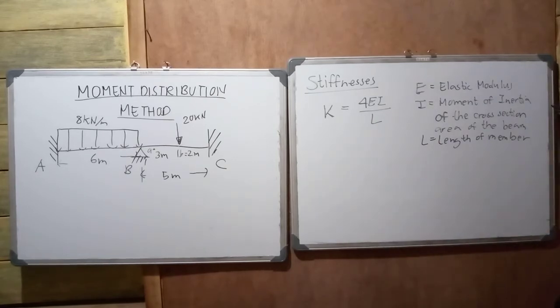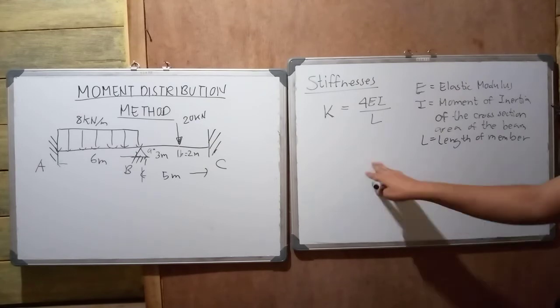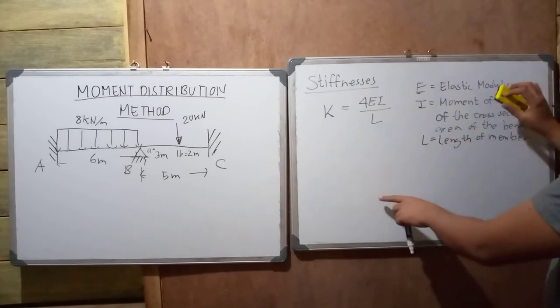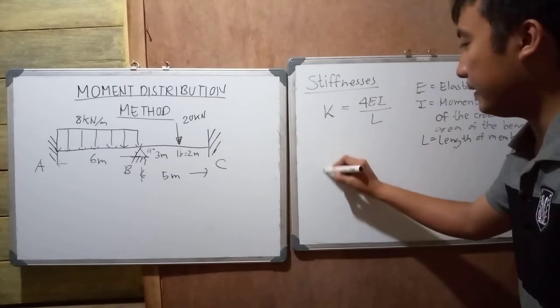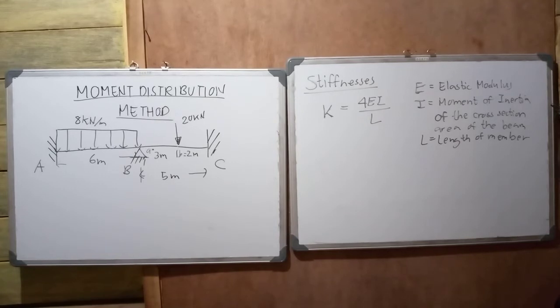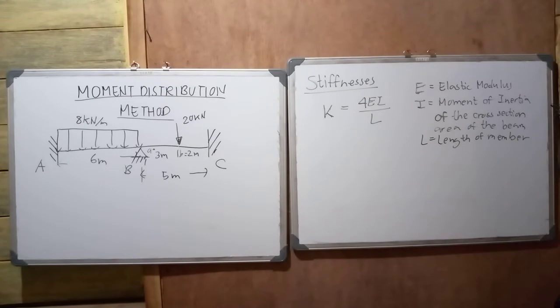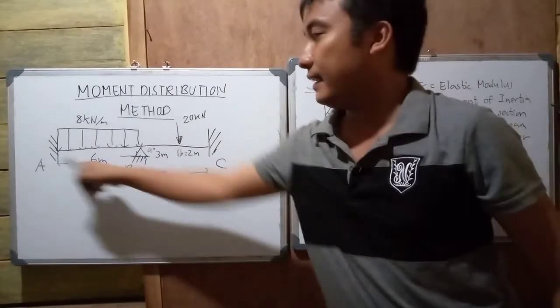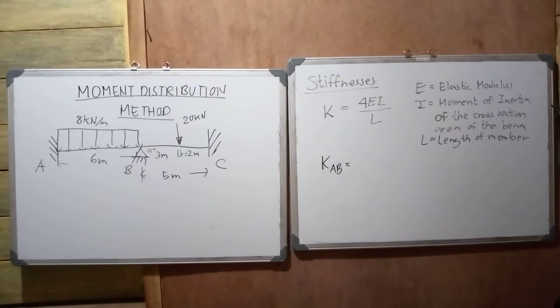Next, for this beam, we can compute the K. We have K of AB. We have different stiffnesses for our members. Here, we have two members of the beam, AB and BC.